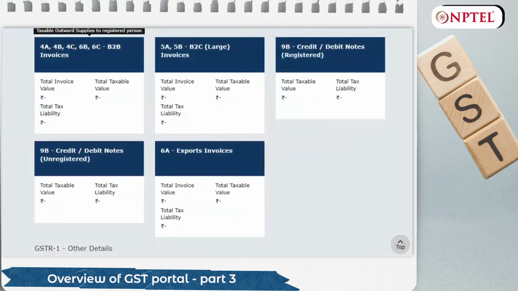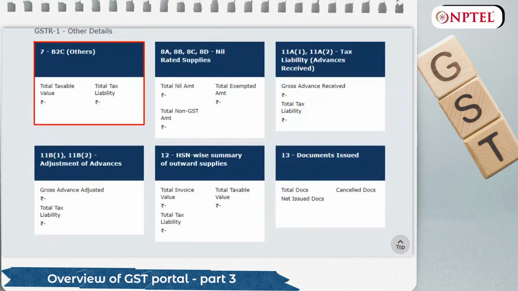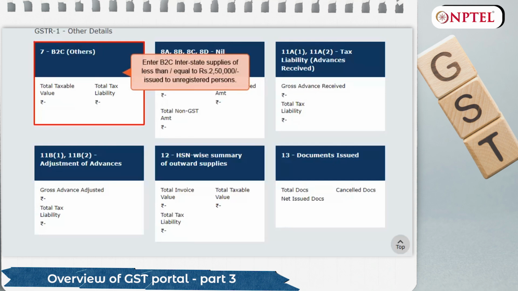Let's scroll down and move to the next section, GSTR-1 Other Details. In the B2C Others category, you can enter the summary details of B2C interstate invoices with value of less than or equal to 2,50,000 rupees for each invoice and issued to unregistered persons.